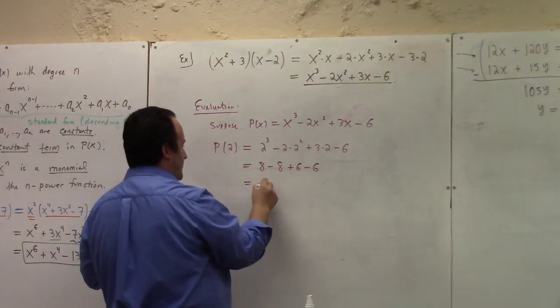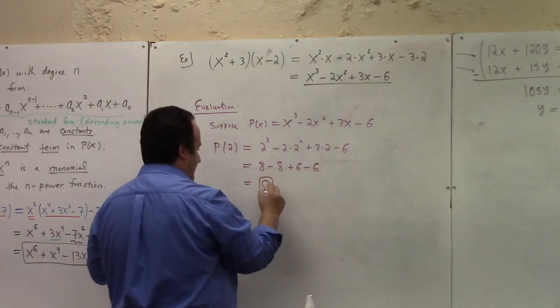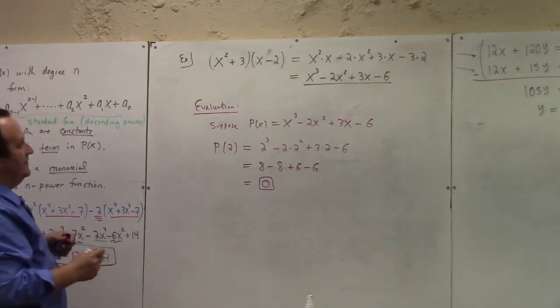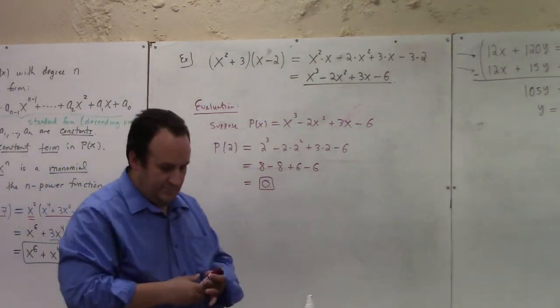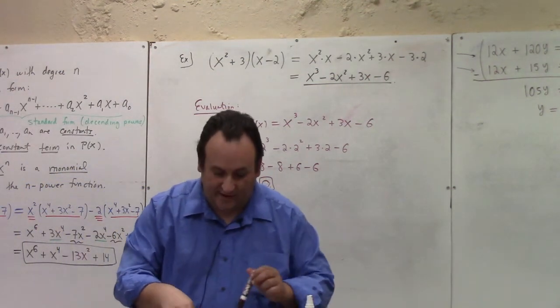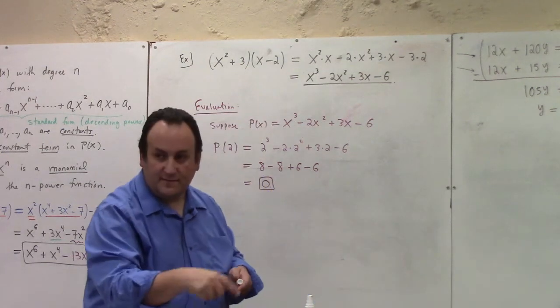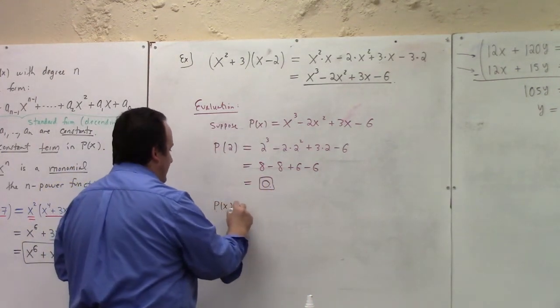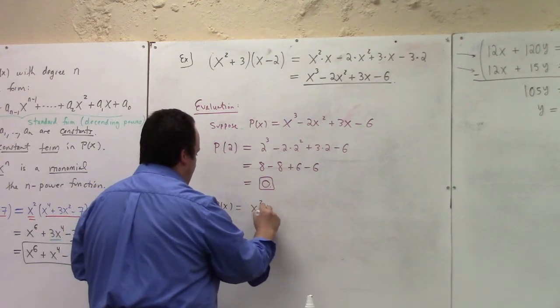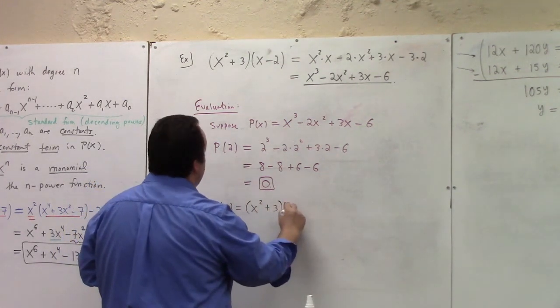Whoa, dude. What? Why did this happen? Check out the formula we started with, right? We could also look at p of x equal to x squared plus 3 times x minus 2, right?